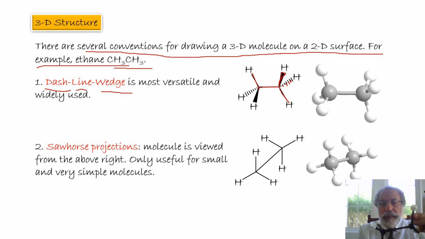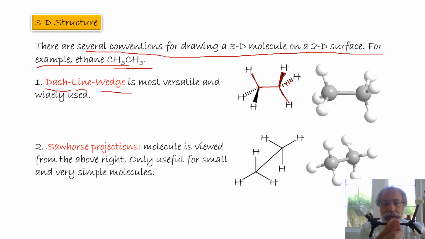See, if I'm holding the molecule where this hydrogen, carbon, hydrogen are in one plane, this one, I think to you, will be in front, and this will be in the back. This will be in front, and this one in the back.